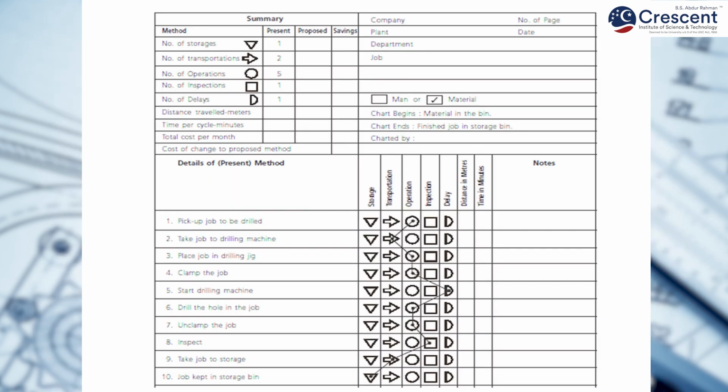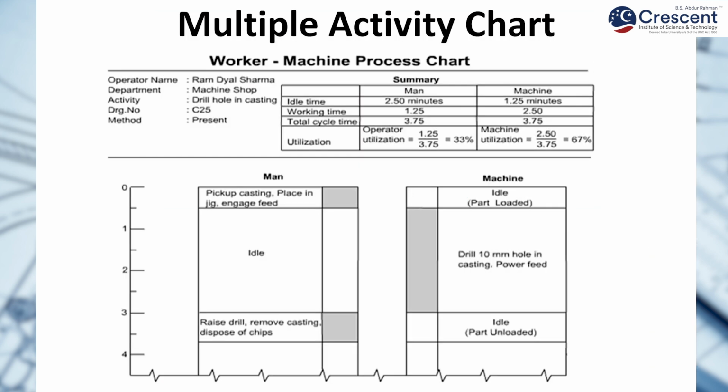So, another type of chart is known as the work machine process chart, which is for understanding the relationship between operator and machine, how much utilization of the operator is there, how much we are utilizing the machine. You can see here the cycle time is 3.75, where most of the time the worker is idle. The worker picks, meaning loads the workpiece in the machine, at that time he works, and then at unloading time he works.